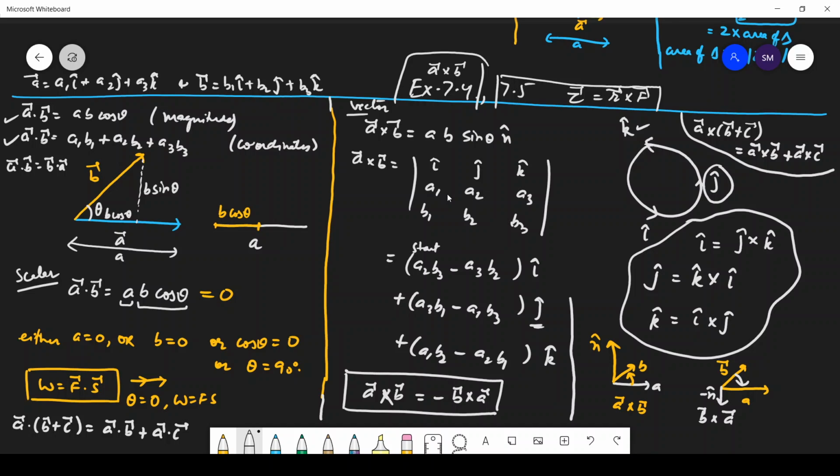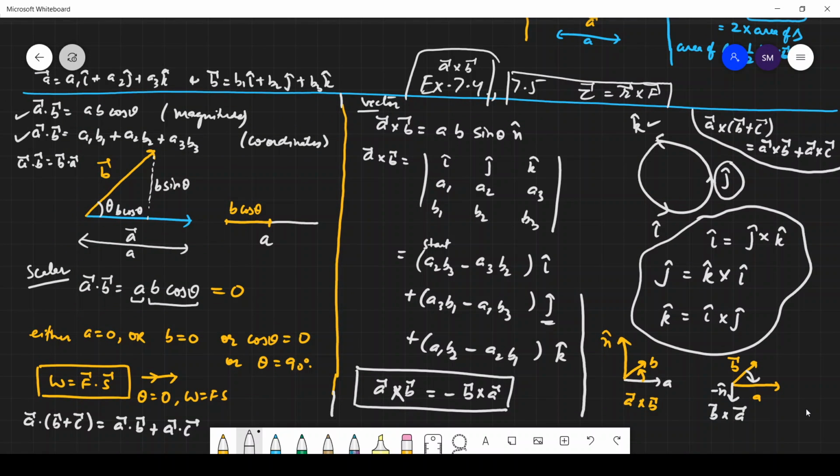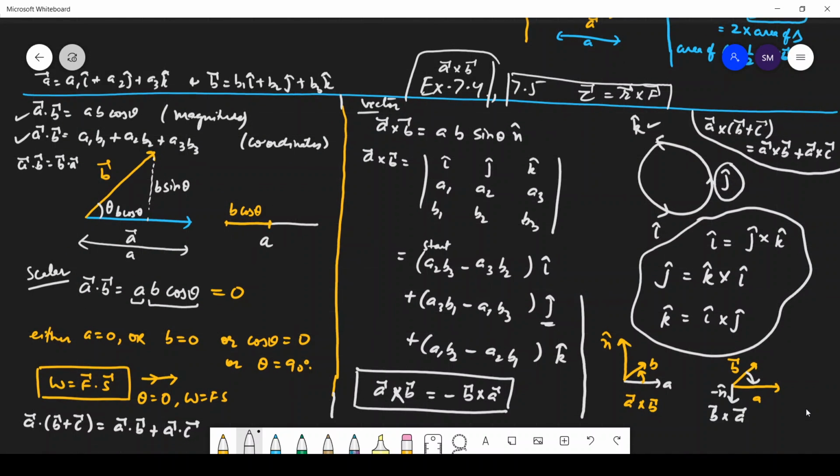Now there is one more question, which is exercise question 7.5. Let us do that one also. I hope you have noted it down, or are you still noting it down?